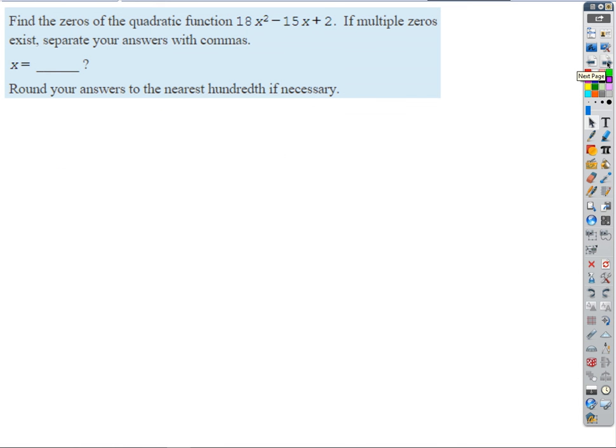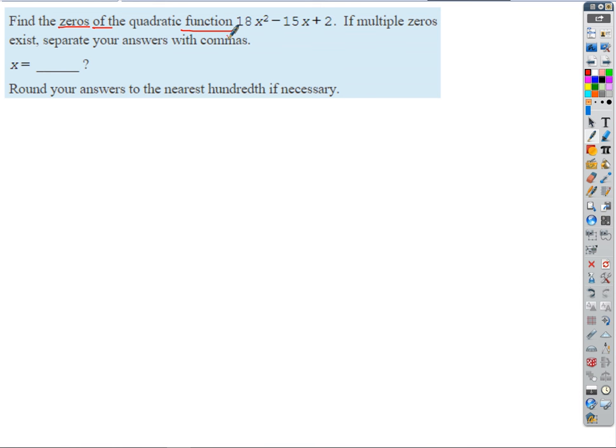What does this mean? This is not a hard question, but I want you to understand what it's asking. If it says find the zeros of the quadratic function, this is a new thing. Did you ever talk about zeros? You did a little bit, but let's review. What are the zeros of a function? They're solutions to an equation, but you have to be more specific: what equation?